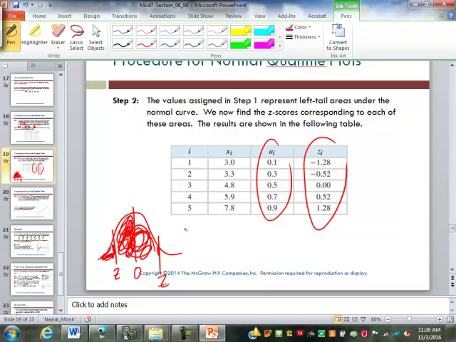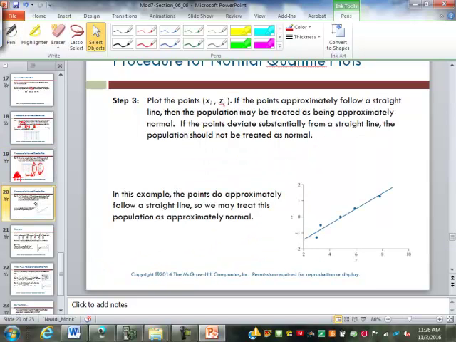So we've done the inverse normal of our values here. That gives you the z-score for each. Now what we are going to do is plot its value down here, the actual number now.